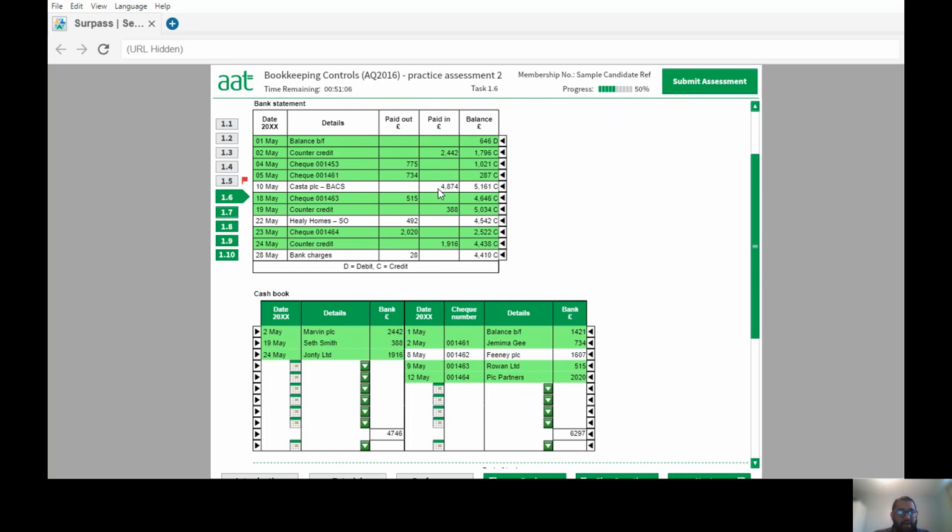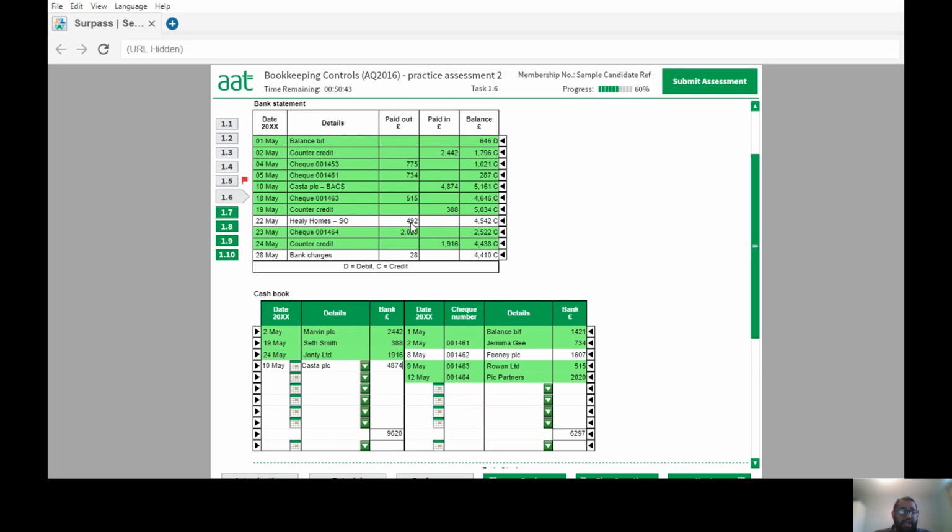The first one is 4,874 pounds, which is from Casta PLC. That's for 10th of May. So just go here, choose 10th of May, and the amount is 4874. We've done that now. We can tick this off as it's done.